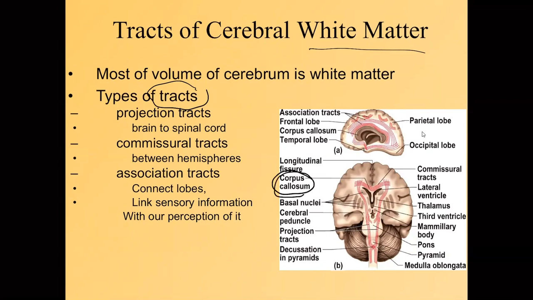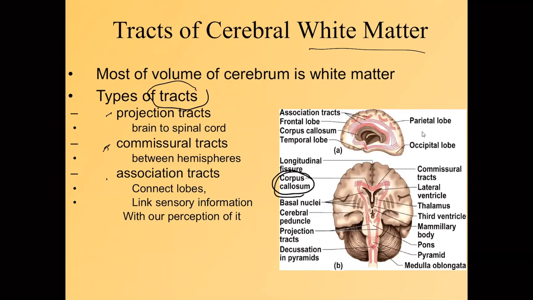There are 3 categories of tracts, based on where they're taking their information. Projection tracts take information from the brain to the spinal cord. Commissural tracts go between hemispheres of the brain, and then there are association tracts.